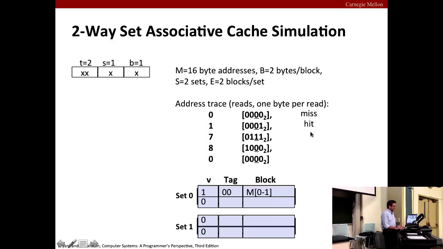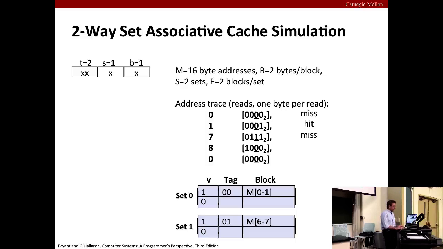The reference to 7 is a miss. That's in set 1, so we load that, and we just randomly pick one of these to overwrite because the cache is empty. The next reference is to address 8, which is in set 0. Now here's the difference between the direct-mapped cache and this two-way set associative cache.